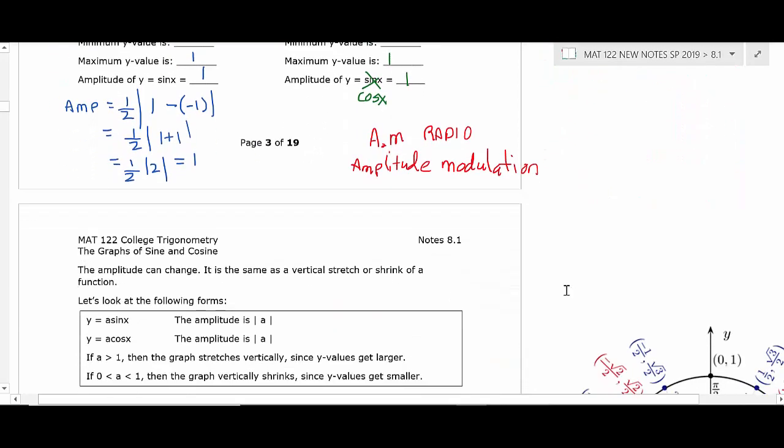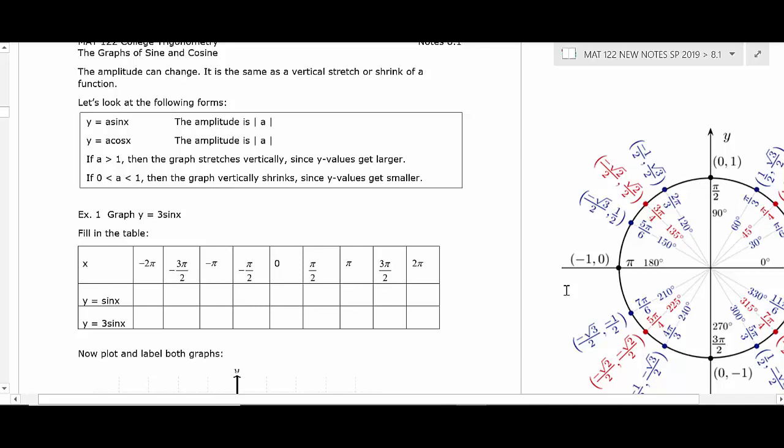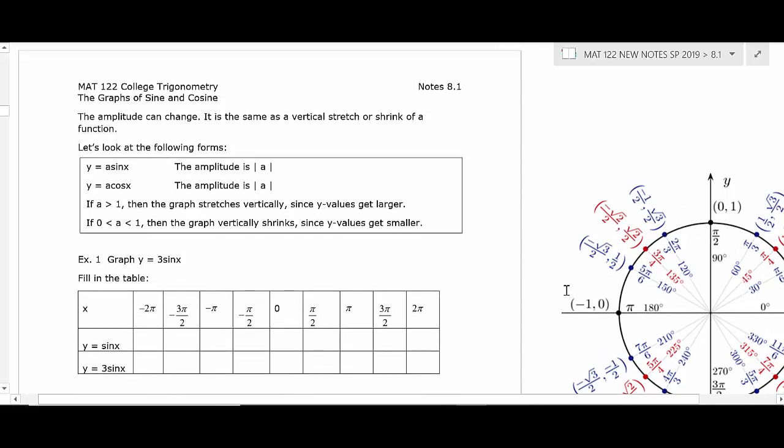Okay, so we'll go to the next page and look at what we do when we graph something that has an amplitude change. It turns out that when you put a number in front of sine or cosine, the amplitude changes. The amplitude is always the absolute value of that number.